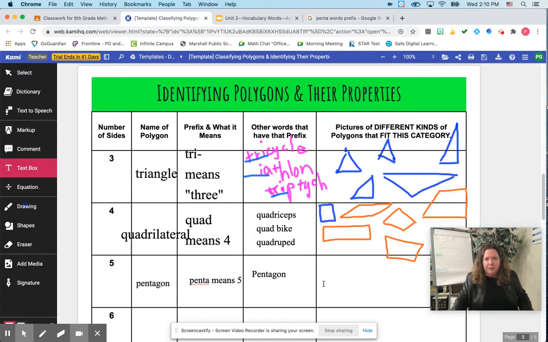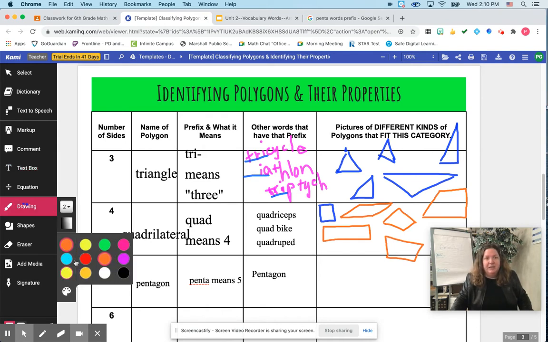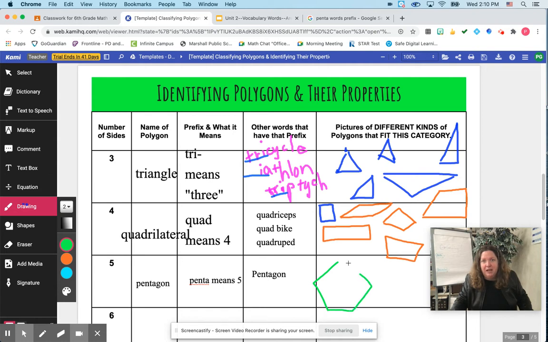So Pentagon, we saw a picture of the typical pentagon, and that's like the Pentagon, the building. So that's the one that looks kind of like this. And if you've ever seen the building from above, you know that it's actually inside. There's a pentagon too. It looks like that.